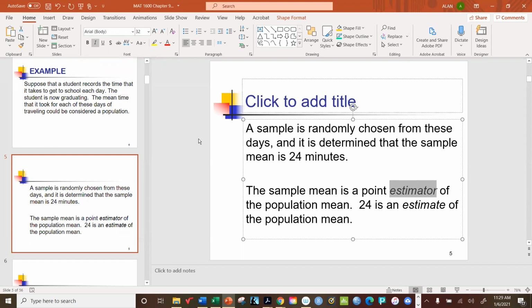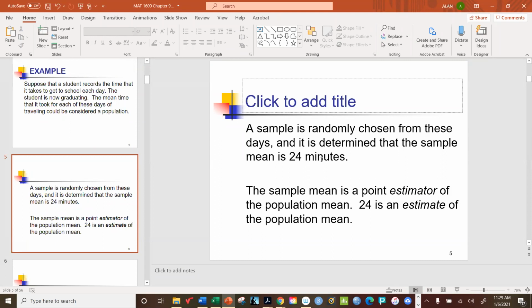You've written down all the times that it took to get to school during your 4 years. That's your population. You randomly choose a sample from those days, and you find out that during those days, the sample mean was 24 minutes. So the mean itself, the actual x bar formula, is a point estimator of the population mean, which is the average time that it took to get to school for all 4 years. The 24 number that we came up with is defined as an estimate of the population mean.